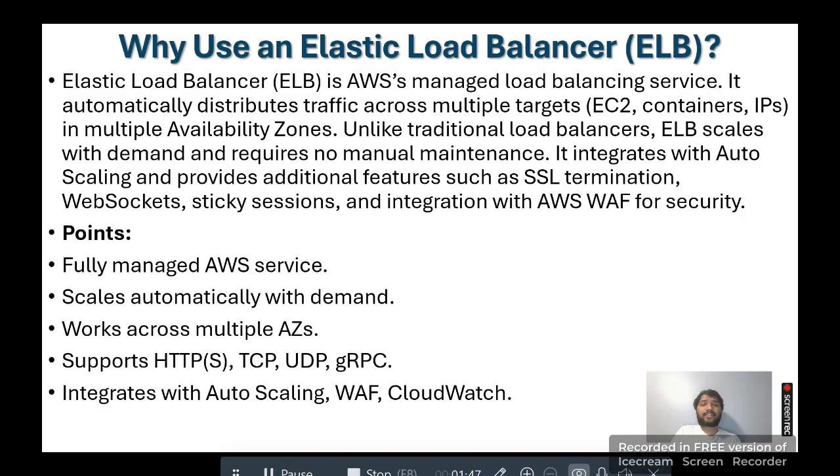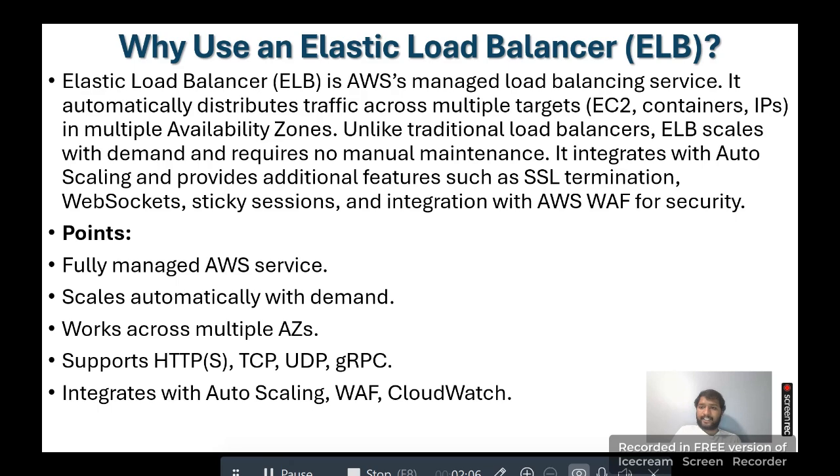Why use Elastic Load Balancer? Elastic Load Balancer is AWS's managed load balancing service. It automatically distributes traffic across multiple targets in multiple availability zones. Unlike a traditional load balancer, ELB scales with demand and requires no manual maintenance.